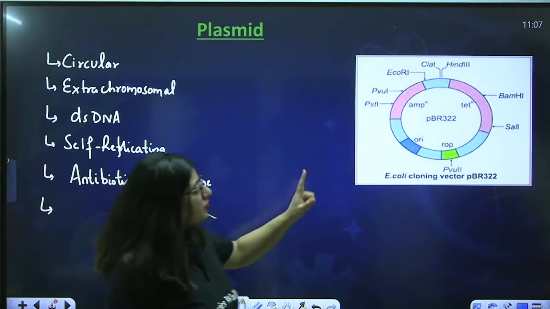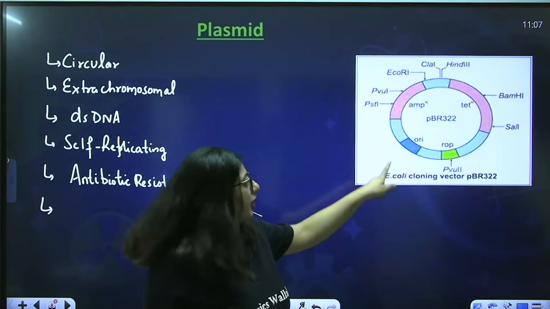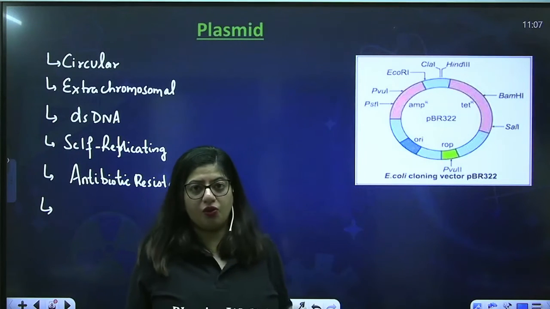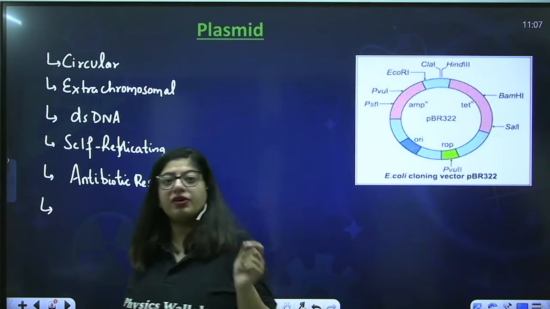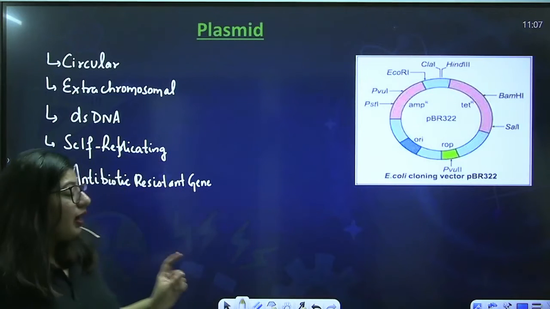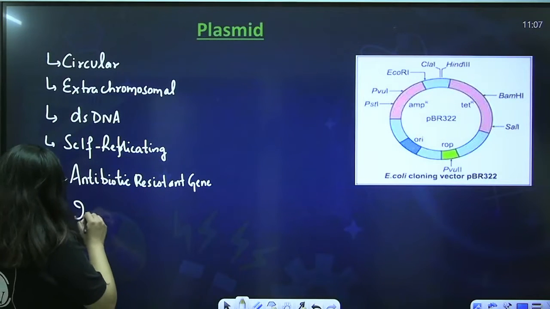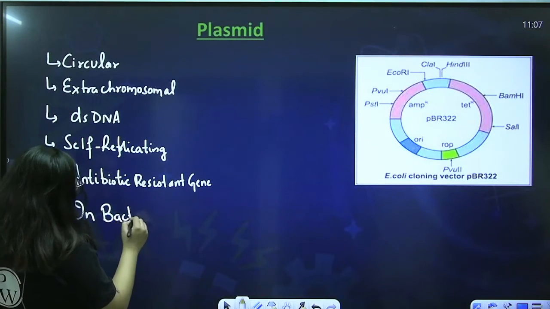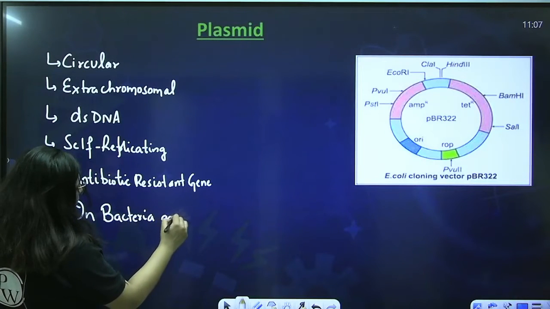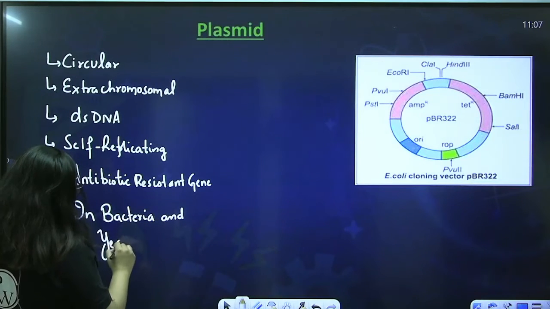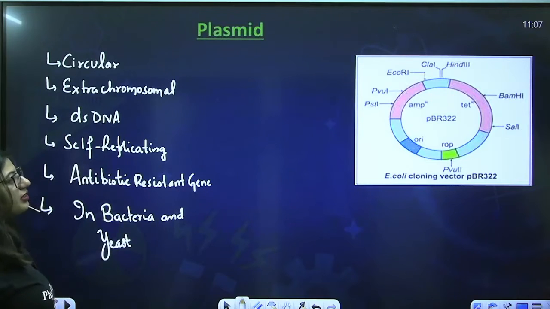Why? Because if you see this plasmid, it has an origin of replication, ORI. Otherwise, where can you find them? You can find them in most bacteria and in some yeast.